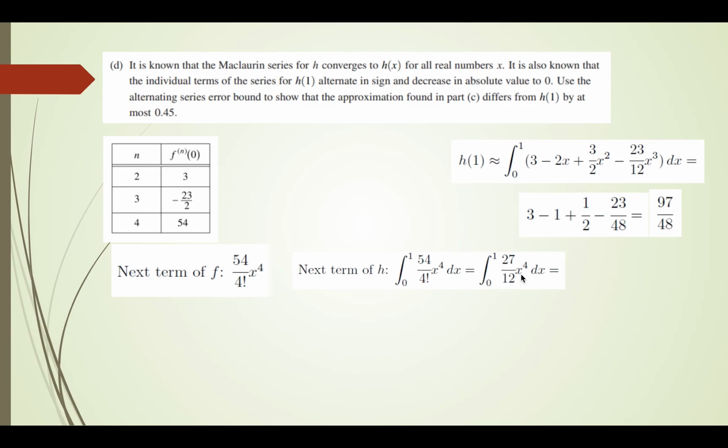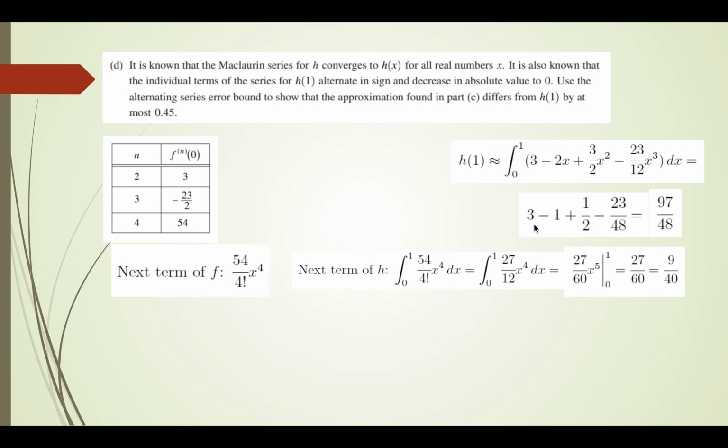And so if we integrate this, we're just going to make it x to the fifth over 5, which gives us 27 over 60 x to the fifth from 0 to 1. You plug in 1, which gives you 27 over 60. Technically, you would subtract and plug in 0, which is 0. And 27 over 60 simplifies to 9 over 40.